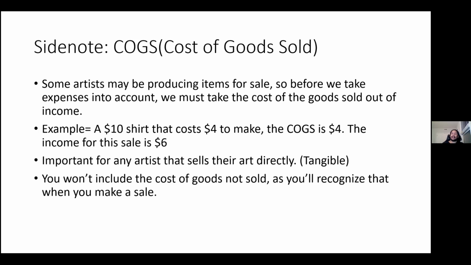So you'll recognize those expenses in a different way, not the ones that are always going to be a function of income. Basically, you'll have a bunch of static expenses, including manufacturing, but cost of goods sold only is applied to things that you sell, not things that you're holding in inventory.